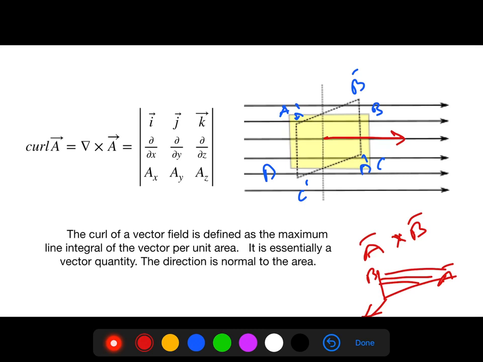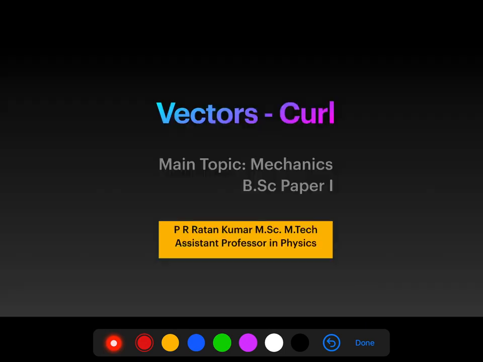Suppose A bar is a vector function differentiable at each point in a region of space, then the curl of A bar is expressed by the cross product of del and A. As we know, earlier we discussed what del is.